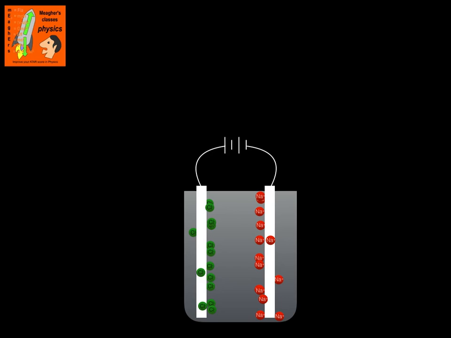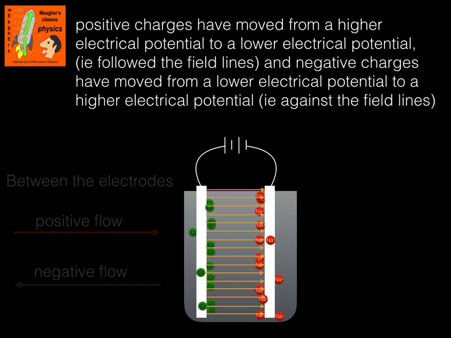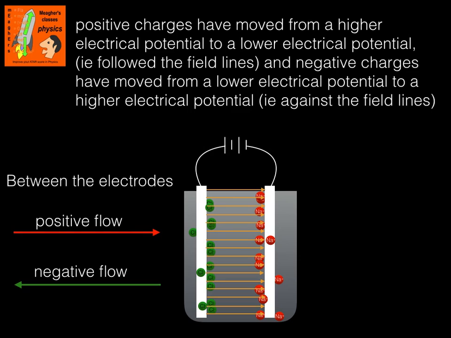Now why has that occurred? It's because between the electrodes there is an electric field. And when we look at it, we can see that the positive charges have moved from a higher electrical potential to a lower electrical potential. That is, they've followed the field lines. But the negative charges have actually moved in the opposite direction. Now if we look at between the electrodes, we can see that there's a positive flow toward the right of the screen and a negative flow toward the left of the screen.